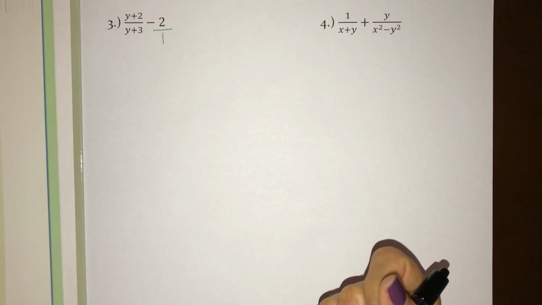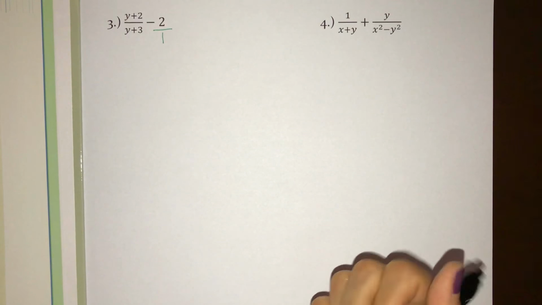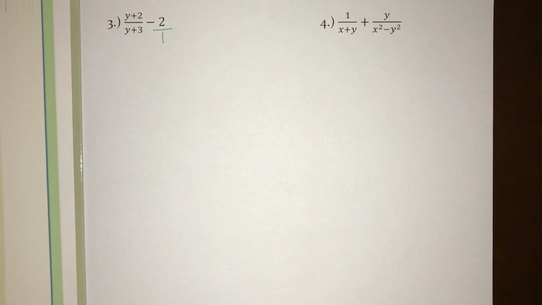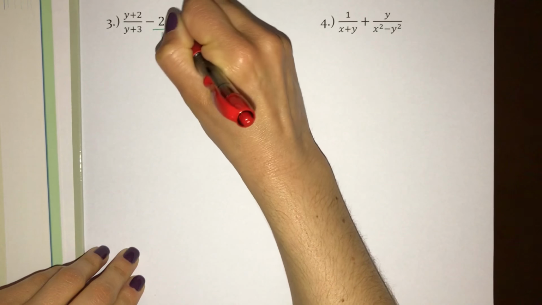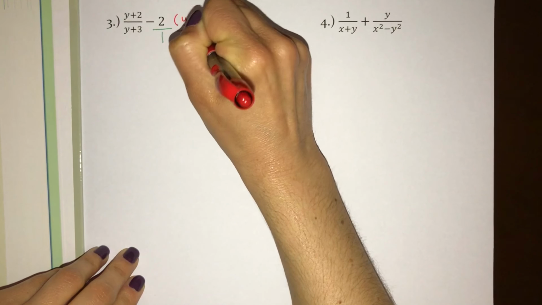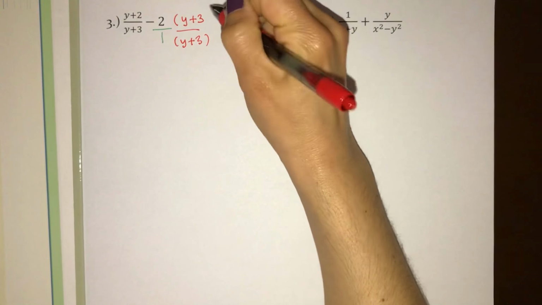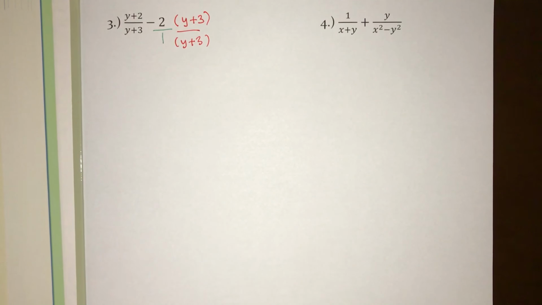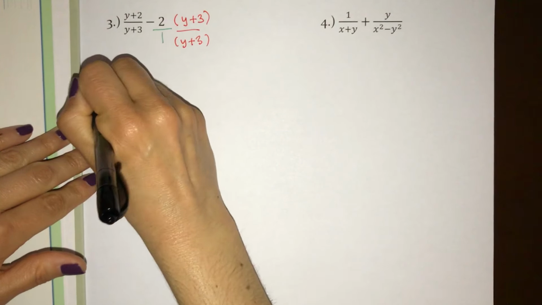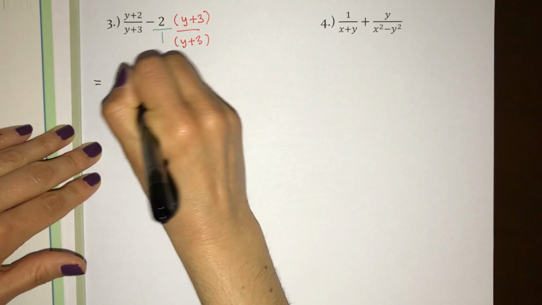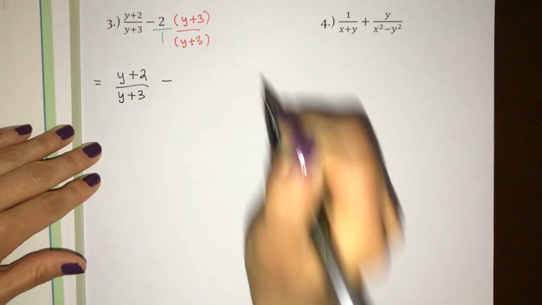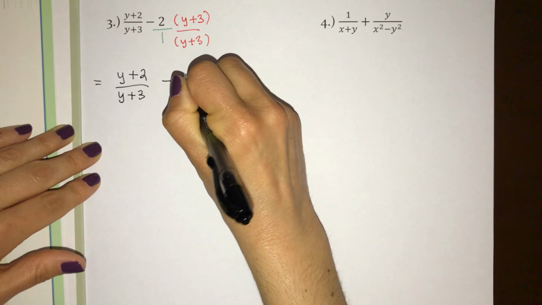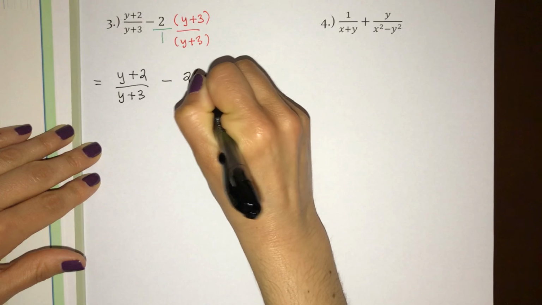And just like adding and subtracting regular fractions, you need to multiply the second fraction in this case by y plus 3. And if I do that, then I will have a common denominator. So then in our next step, I recopy the first fraction, and the second fraction turns into the following.